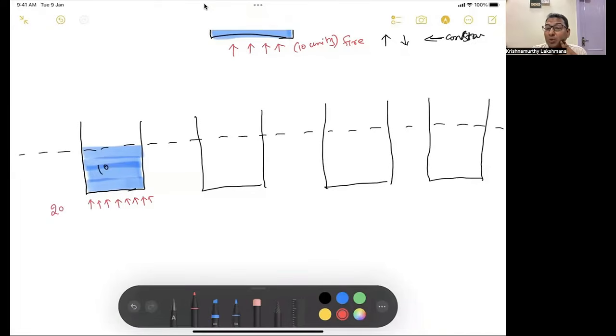So water will boil in how many minutes now? Half the time. So it will boil in 5 minutes, right? Clear? So here, water is constant, water is normal, fire is more.